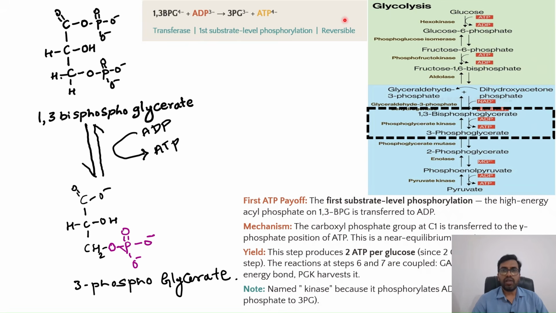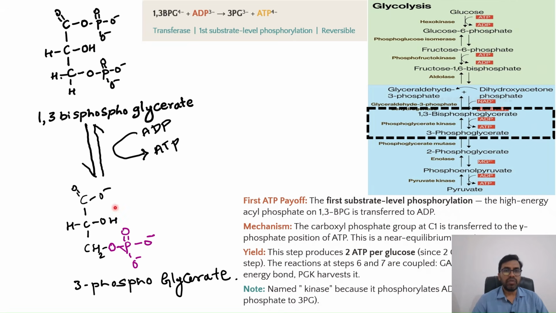This is the overall reaction here. 1,3-bisphosphoglycerate, which has 4 negative charges, plus ADP, which carries 3 negative charges, will get converted into 3-phosphoglycerate and ATP. In this step, ADP gets phosphorylated to ATP, and the phosphate group over here will be taken up by the ADP to form ATP.